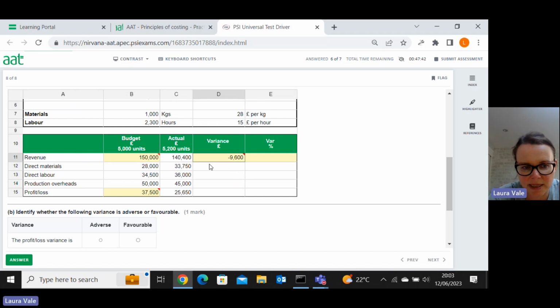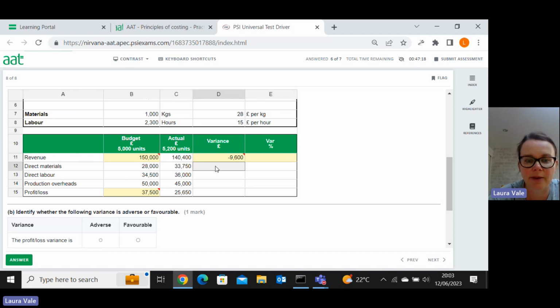And then be careful, because these are now costs. If I've spent more than I budgeted, again, that is an adverse variance. So you can't just do it the same way around all the time. That one above, we did actual take away budget. We now really are effectively doing budget take away actual.